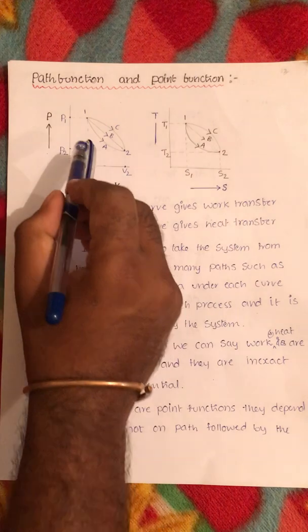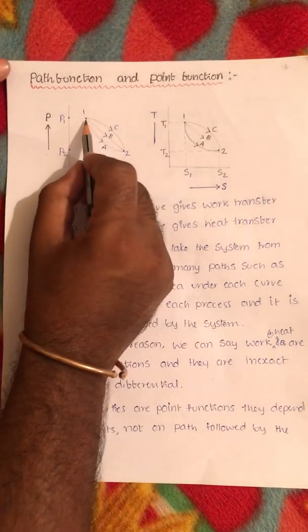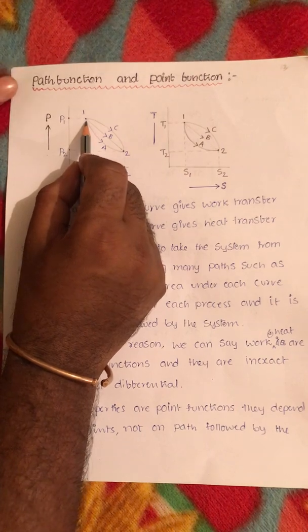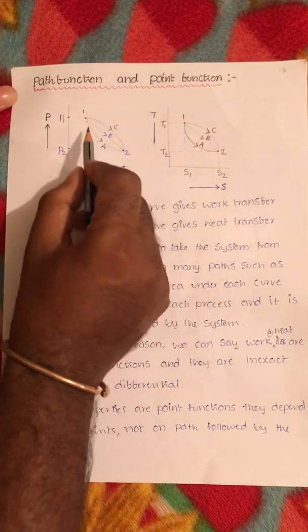Now, let us consider a system initially at state point 1 and we want to take that system to the final state 2 along many paths.